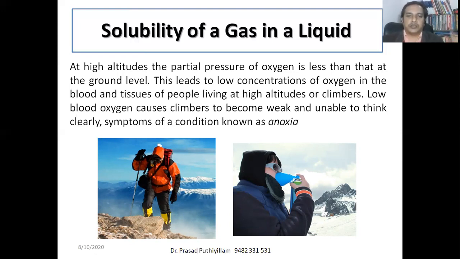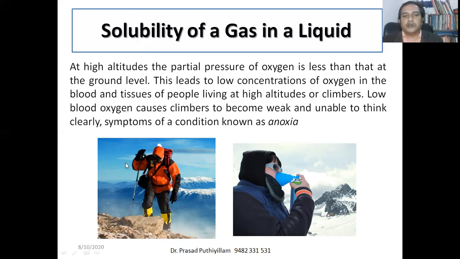That means whatever oxygen dissolves into our bloodstream becomes less. So we feel less oxygen in our bloodstream, or we feel weakness. Therefore, a person going to high altitude will feel weakness, meaning the oxygen content is less, and they cannot even think clearly.